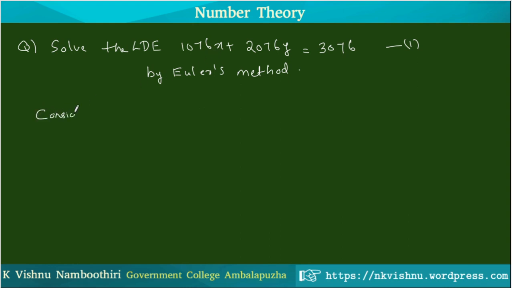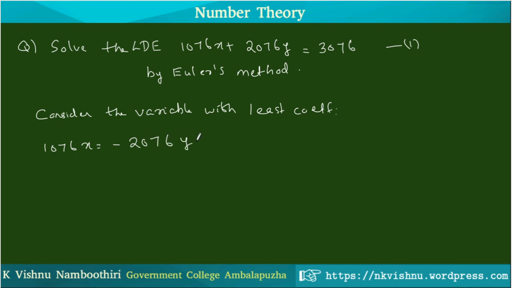So the first step we should take, considering the variable with least coefficient, that is 1076, and that's the coefficient of x. So 1076x, we are going to move the term with the larger coefficient to the other side: 1076x equals minus 2076y plus 3076.